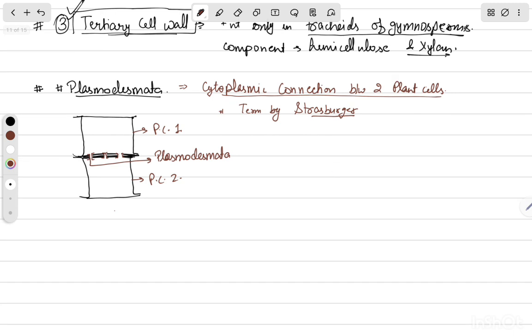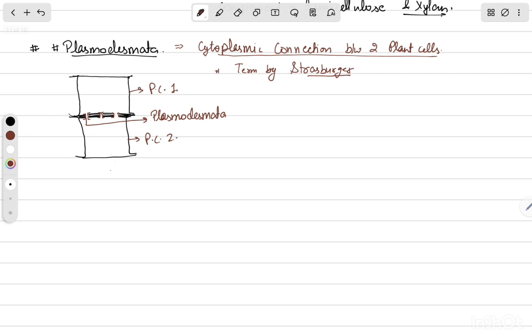Here it is not important, you just need to remember the name of the scientist. Now, these cytoplasmic bridges or plasmodesmatal connections are made up of ER tubules. ER tubules means endoplasmic reticulum tubules.